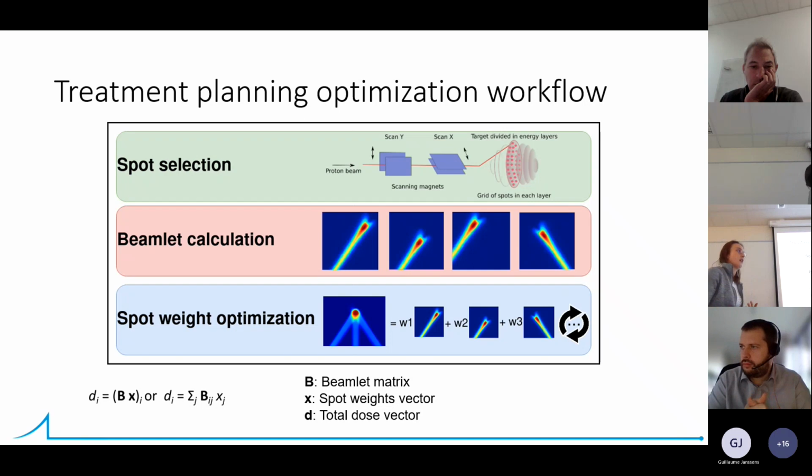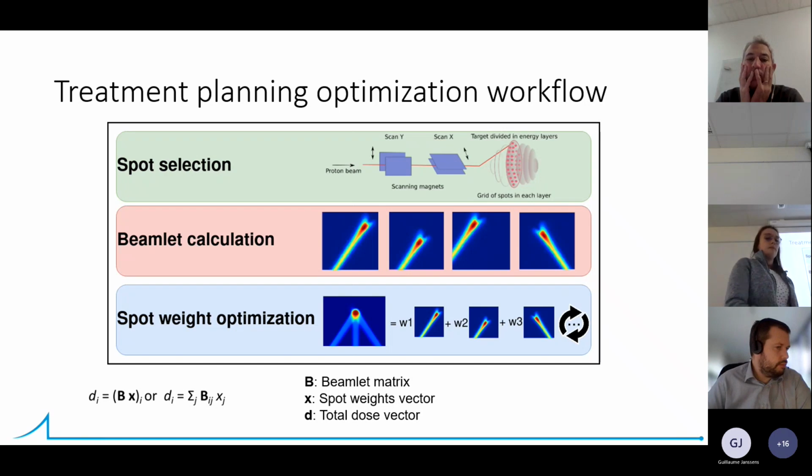And the idea here is that we want the total dose, that is the matrix product of that beamlet matrix with the spot weight vector, to answer to the clinical goals that we have set at the beginning.